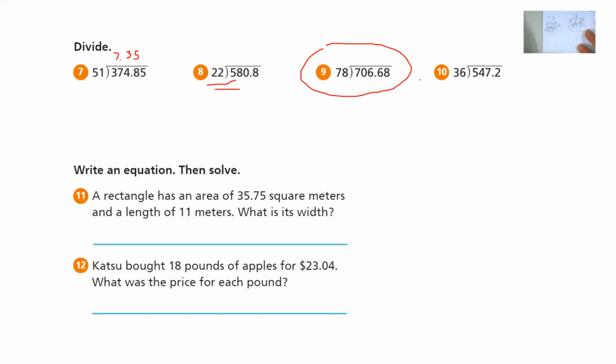And check that out. It's perfect. So your answer is 9 and 6 hundredths. 9.06.